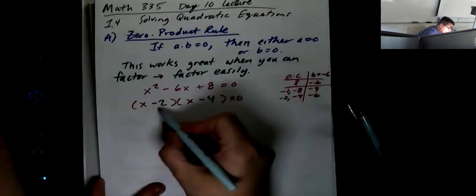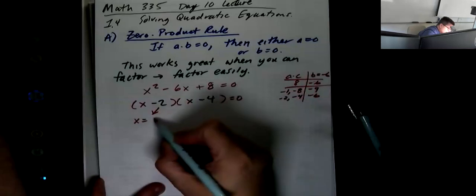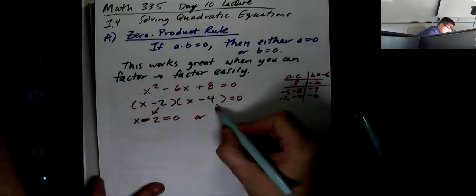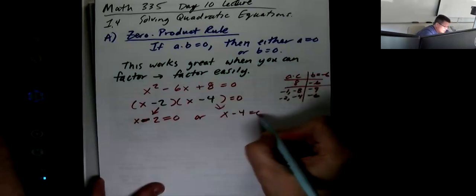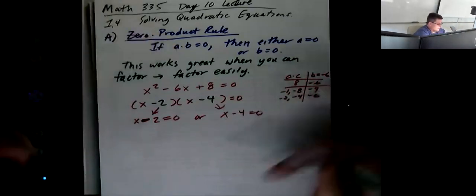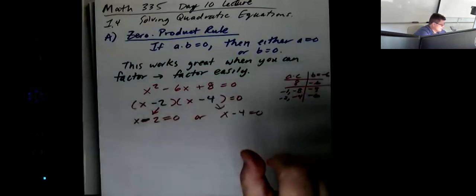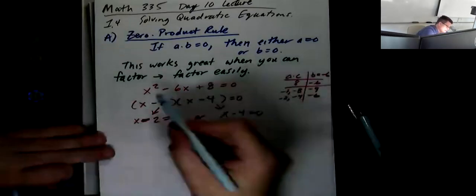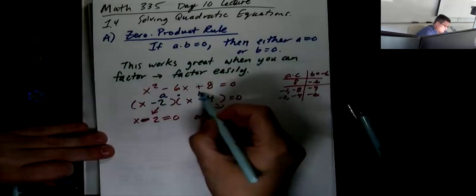So we can set each one equal to 0. X minus 2 equals 0, or x minus 4 equals 0. We're doing that using this zero property rule. This is like my A, and that's like my B from up above.